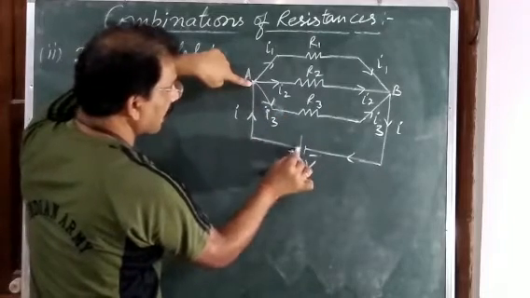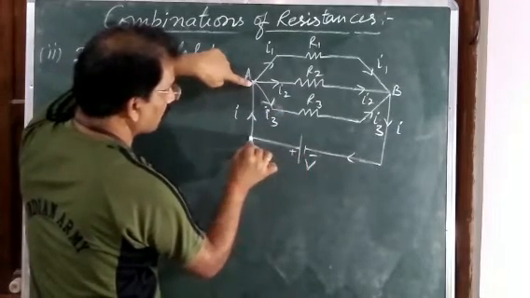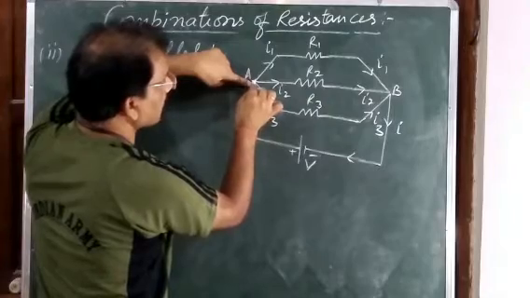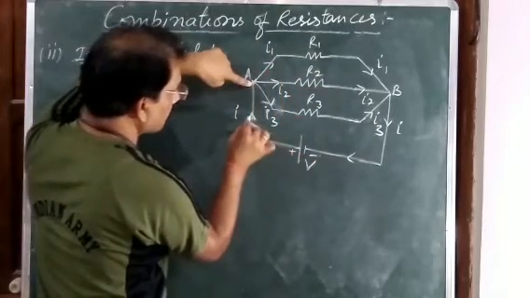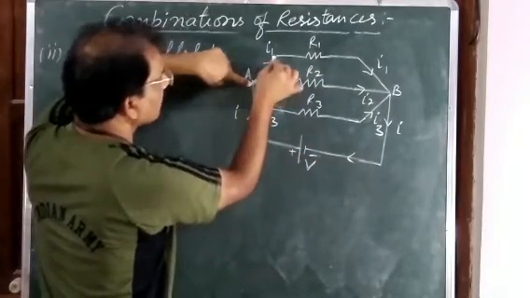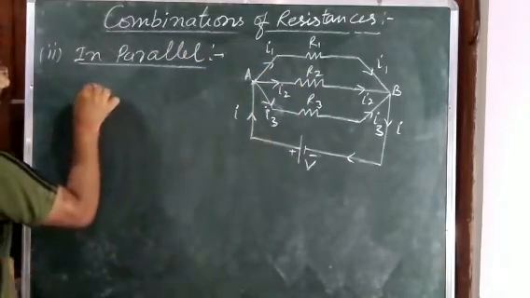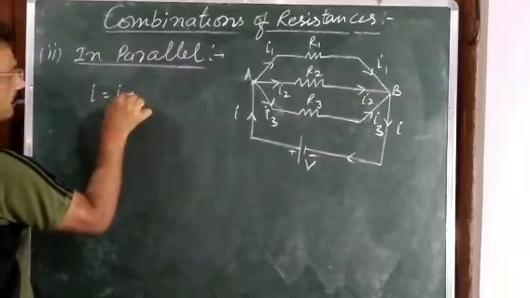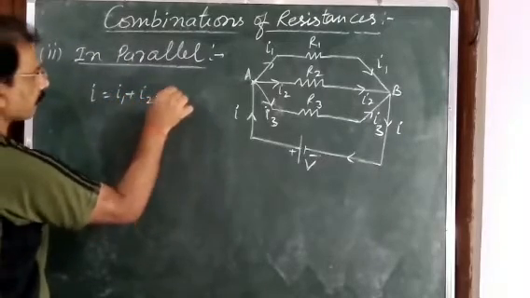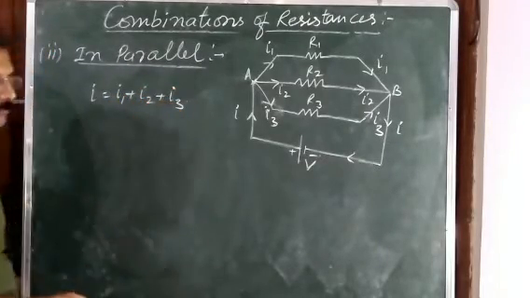It means the current I coming from the cell is divided in three parts at the point A. So I is the sum of I1, I2 and I3. Here we can write I is equal to I1 plus I2 plus I3.